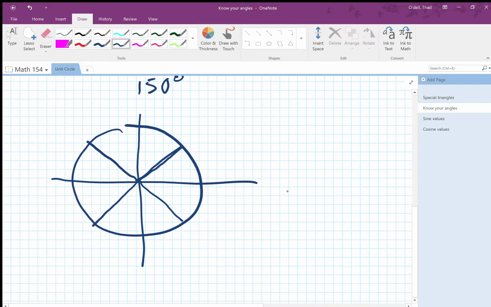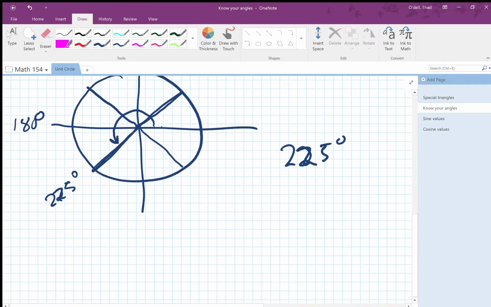So if I have an angle like 225 degrees, that is a multiple of 45. We know that this is 180, and so 225 must be this guy right here.